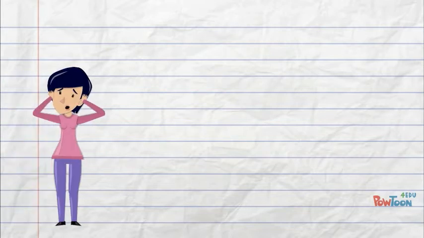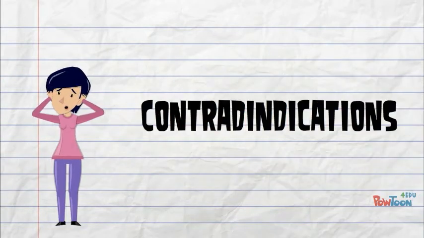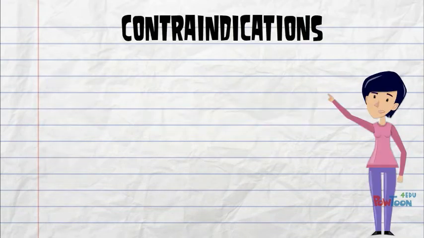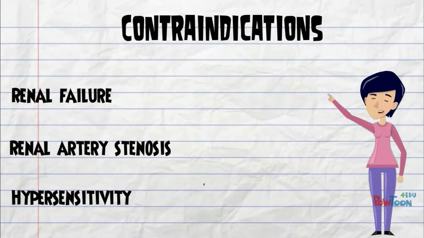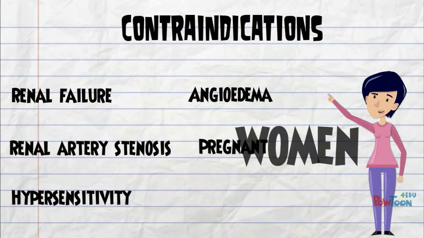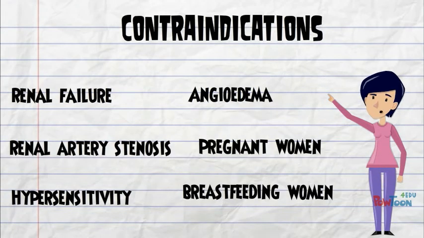Those are the patients that can use ACE inhibitors, but there are also patients that cannot use ACE inhibitors. ACE inhibitors are contraindicated in patients with renal failure, renal artery stenosis, hypersensitivity, angioedema, in pregnant women, or breastfeeding women.